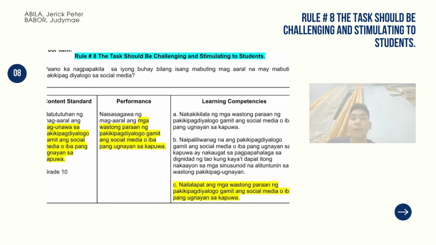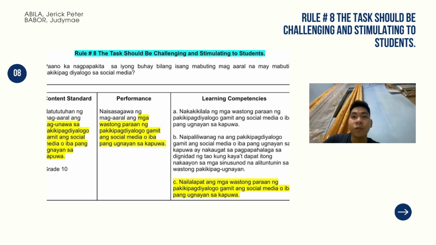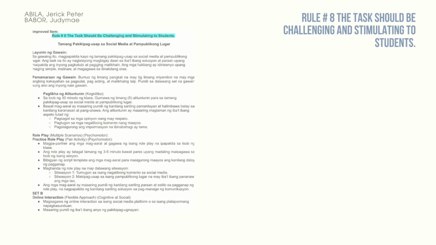We are now in rule number 8, which is the task should be challenging and stimulating to students. Our poor item, paano ka nagpapakita ng iyong buhay bilang isang mabuting mag-aaral na may mabuting pakikipag-dialogo sa media. This poor item is not showing a challenging task for the students.